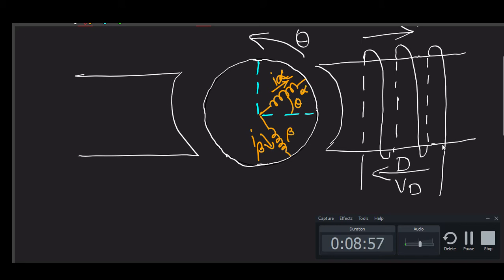So this is the construction of the machine. Now here you can see that we will exploit some of the previous deduction that we did for our balanced two-phase induction motor.